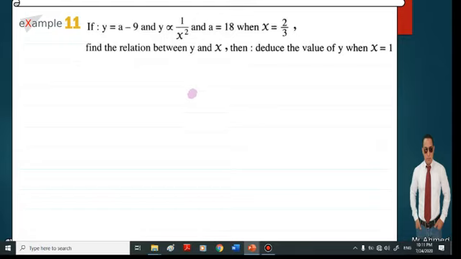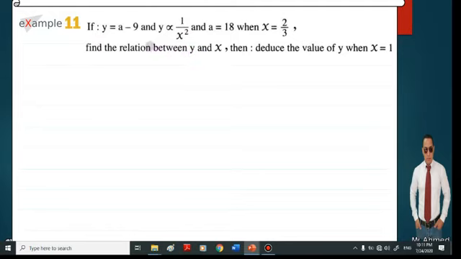First, find the relation between x and y and deduce y at x equals 1. Now we have three variables, x, y, and a. Here the given included a and x. Now I need to find the relation between x and y.